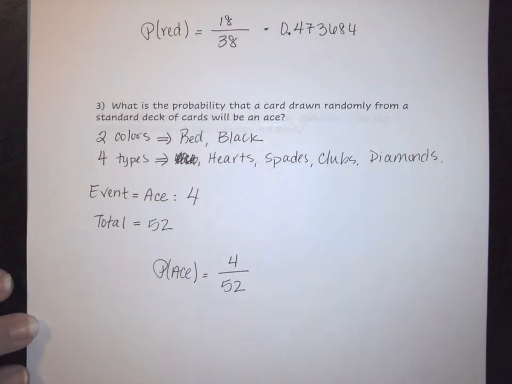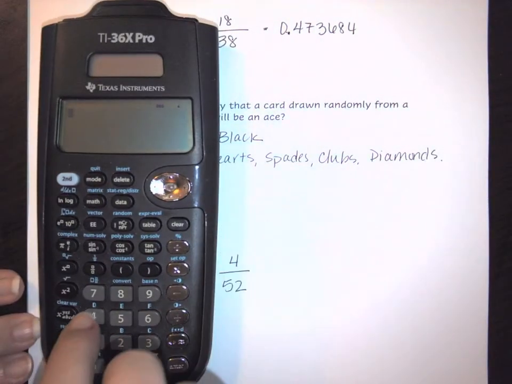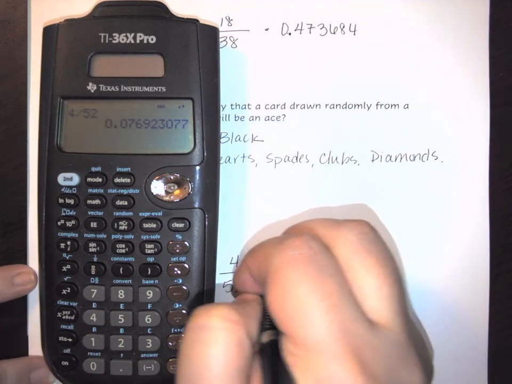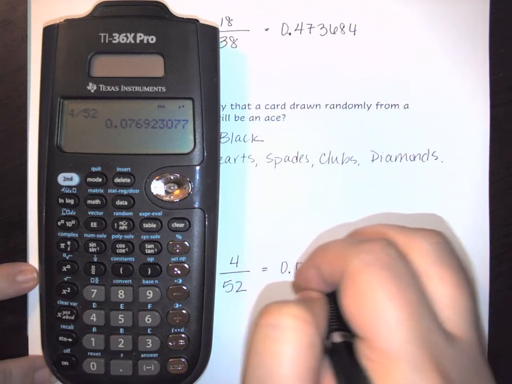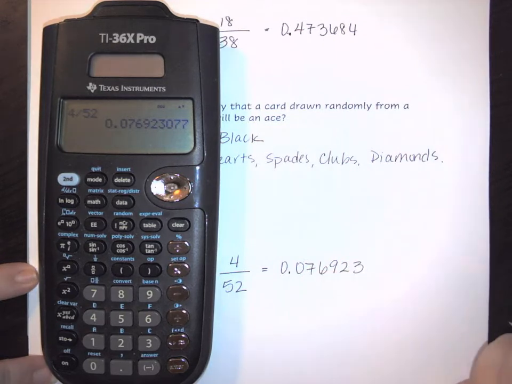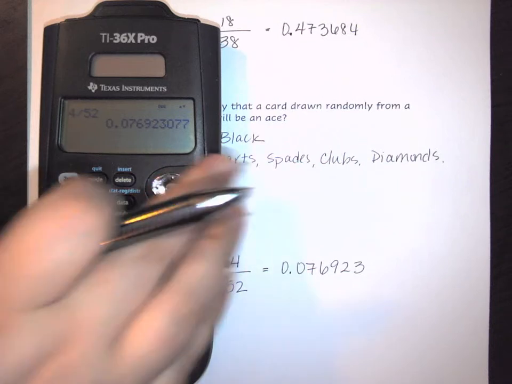So then, just like before, you're going to take your calculator, do 4 divided by 52, hit enter, and go out 6 places. So this is 0.076923. And that would be your probability.